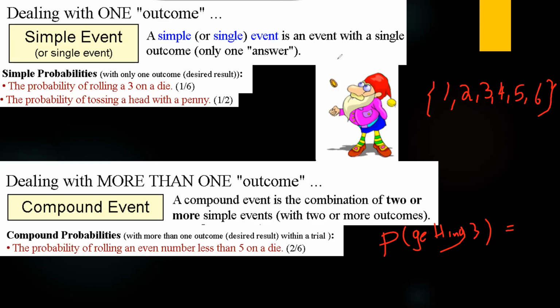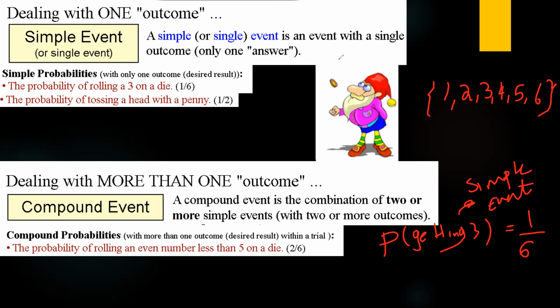We have only one 3, so you say 1/6. So the probability of getting a 3, we call a simple event, because I only have one outcome, which is the number 3.